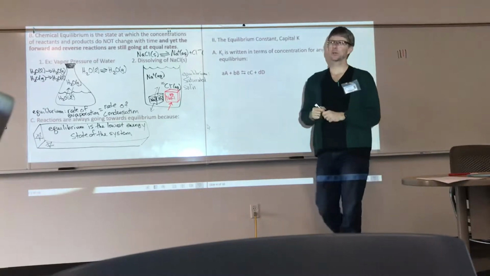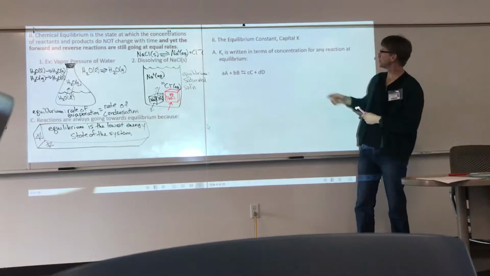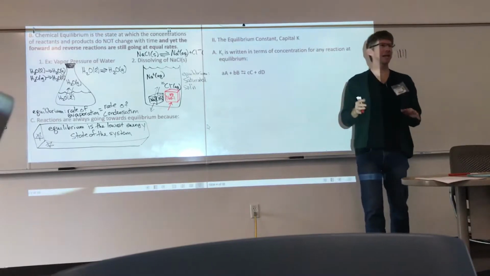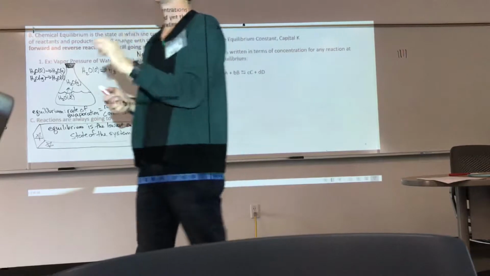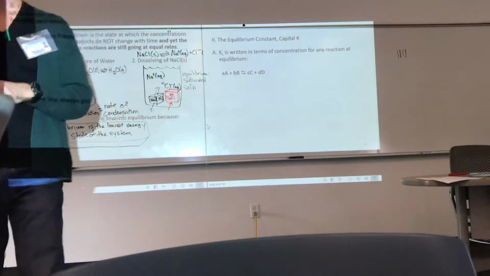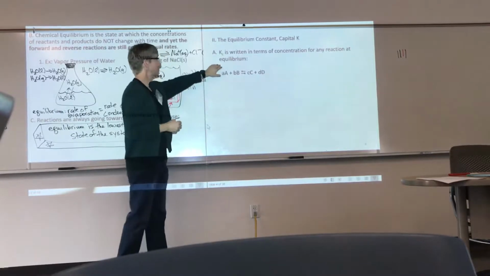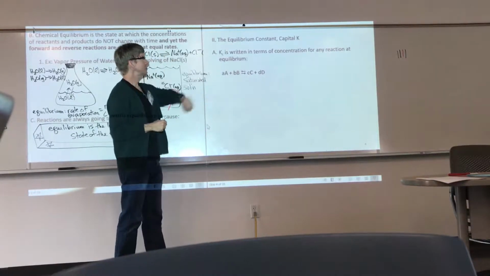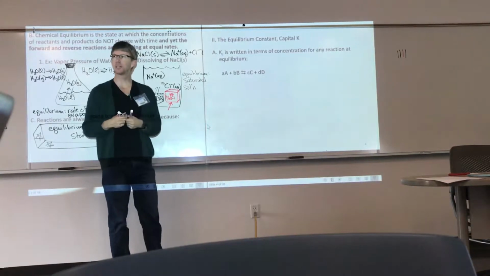Now let's talk about the equilibrium constant. This is capital K. I will make all of my K's just like that, and I will do my best to continue to make little k's, which are rate constants, in cursive, but you should keep them clear in your own hand as well. Kc is written in terms of concentrations for any reaction at equilibrium.